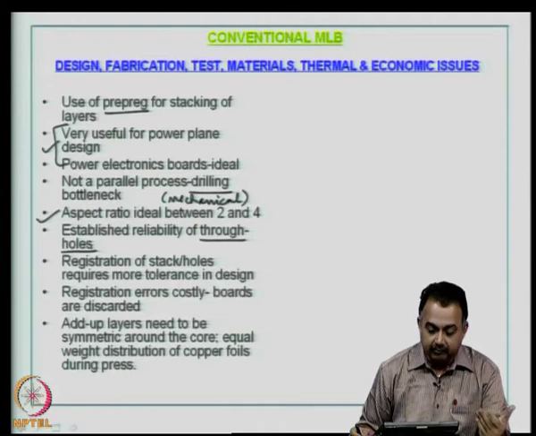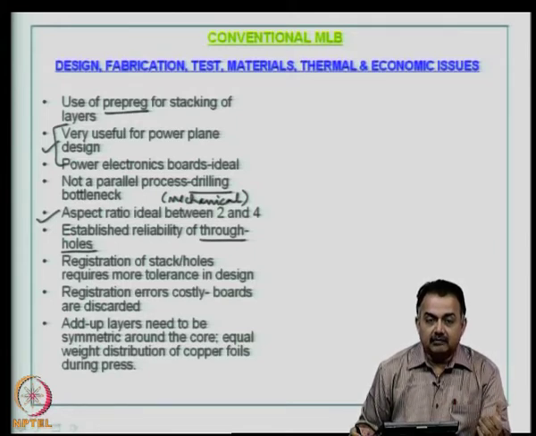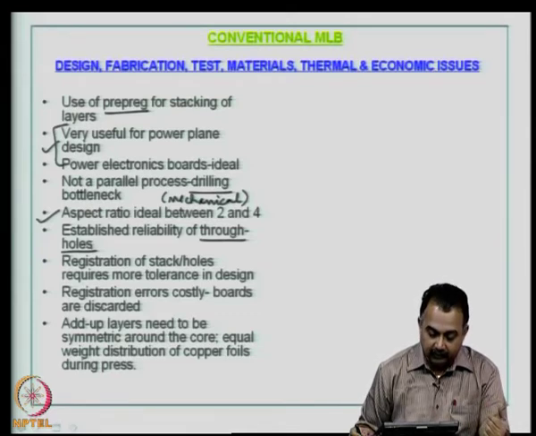Sometimes you will have a hybrid board, and therefore, through holes apart from basically interconnecting, we will also have some cases where the through hole is required for component mounting. So, reliability there is also to be well defined.